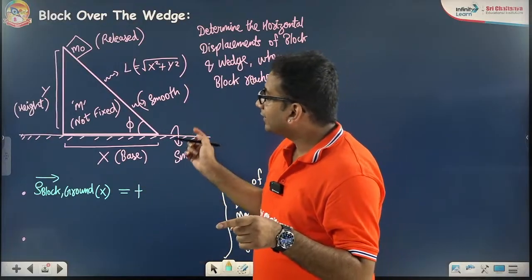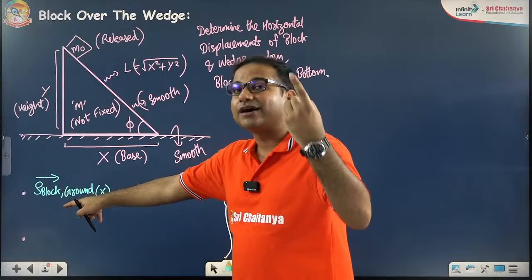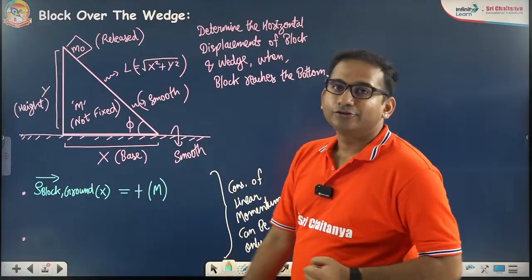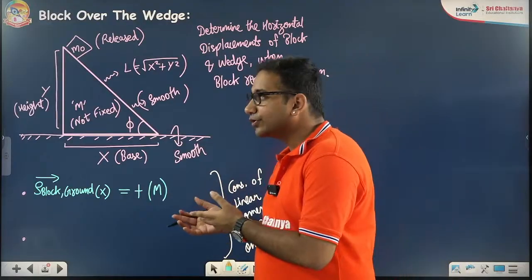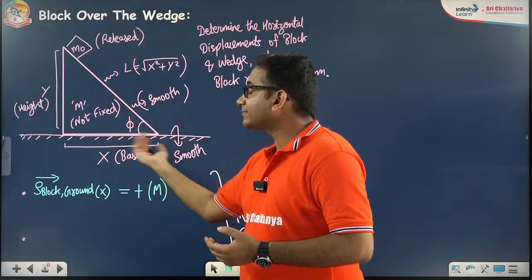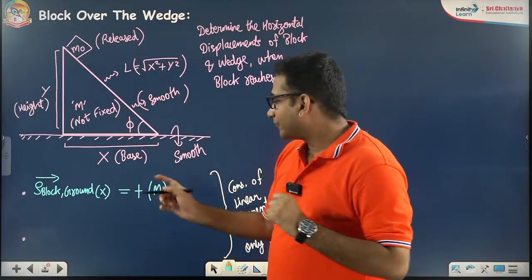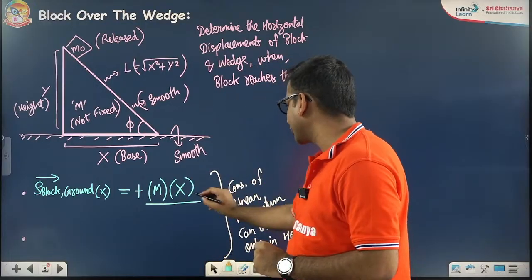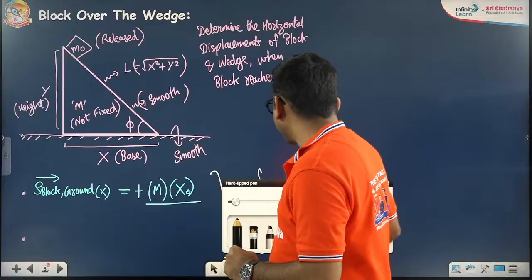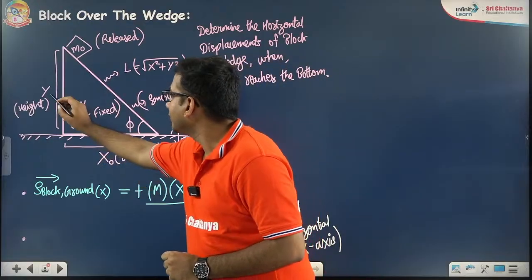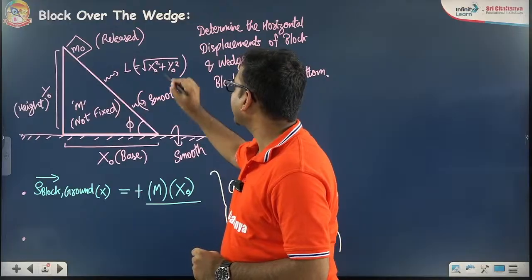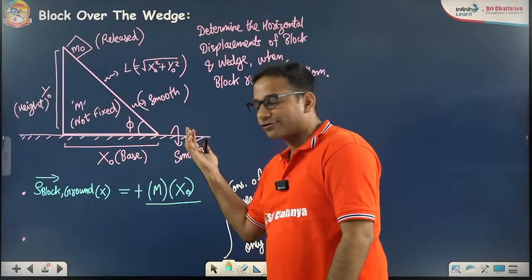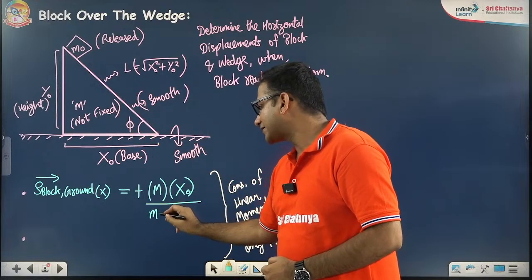If you are writing the displacement of the block, always take the opposite mass, the mass of the wedge, capital M, into the horizontal displacement traveled relatively. That horizontal displacement, let me take it as x naught. So it is opposite mass into relative displacement traveled horizontally, by the total mass of the system, m naught plus capital M.